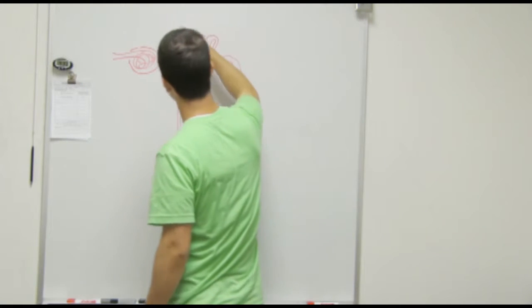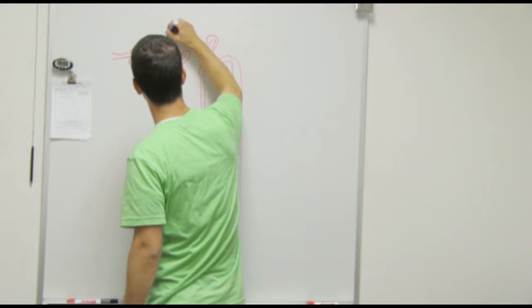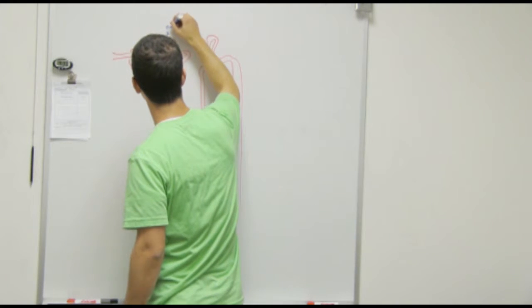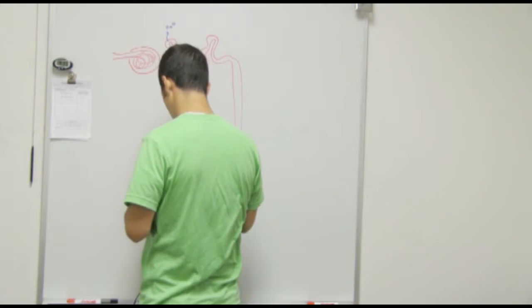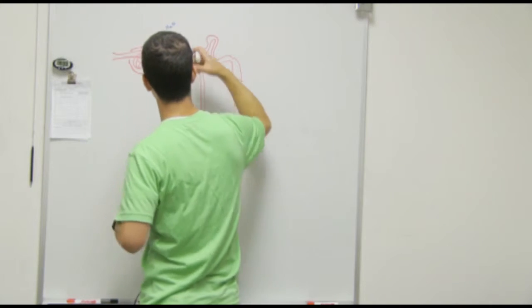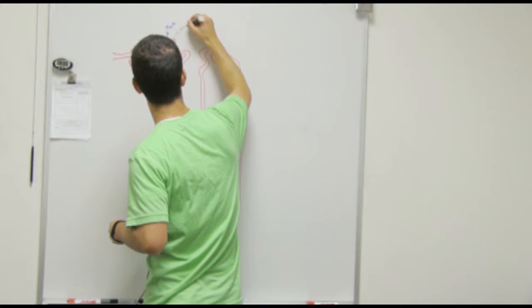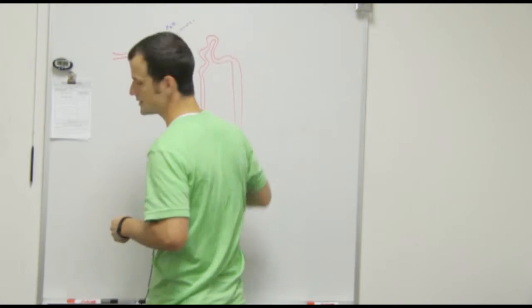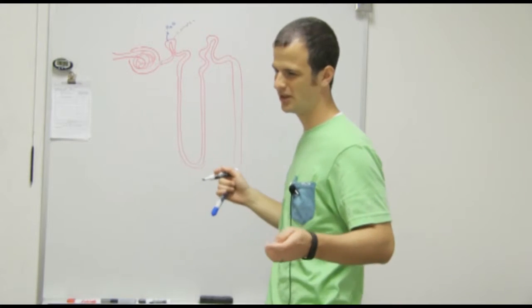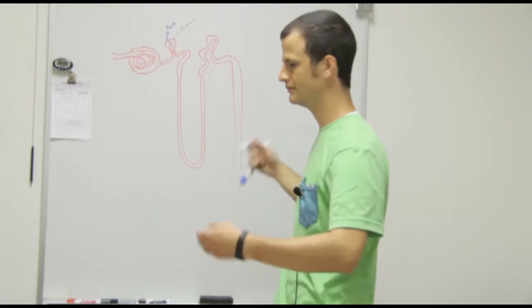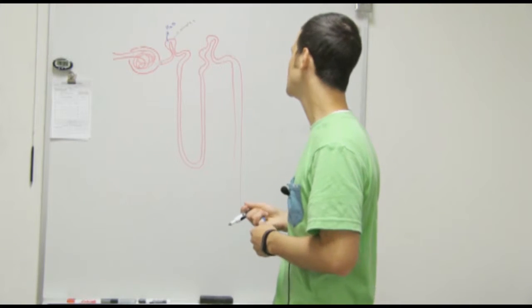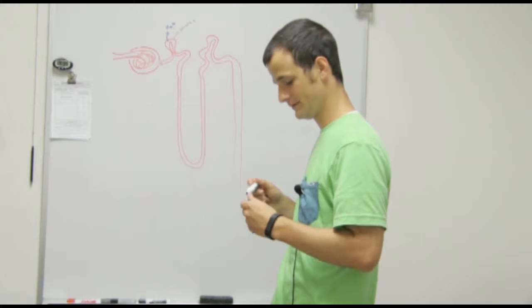So in the proximal convoluted tubule, we've got water leaving, and we've got solutes leaving. And solutes can be anything that's not water, basically. Sodium, potassium, hydrogen, stuff like that. Solutes are leaving, okay? So they're going into the capillaries, right?